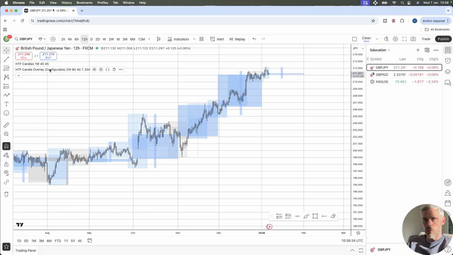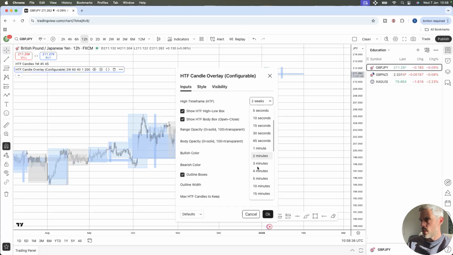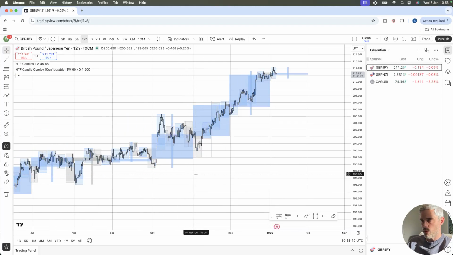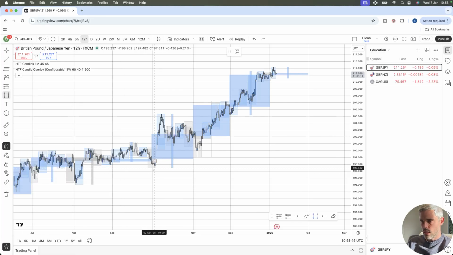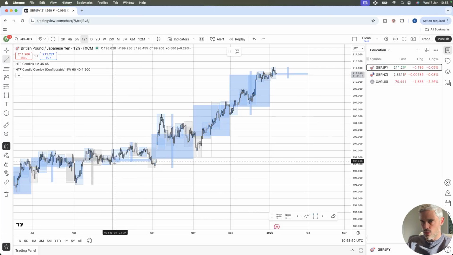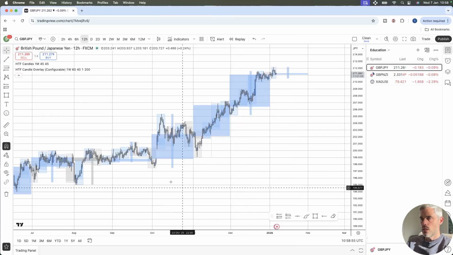And I'm just going to show you what I was looking at the time in the market. So instead of using the 2 week here, I was using the weekly time frame. And this then becomes just so much easier because you can see we had liquidation of this candle's low. So I'm just going to mark that as a monthly.